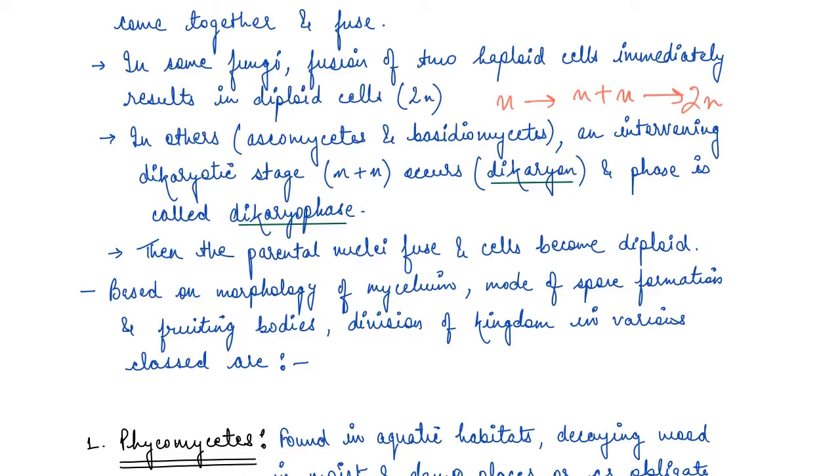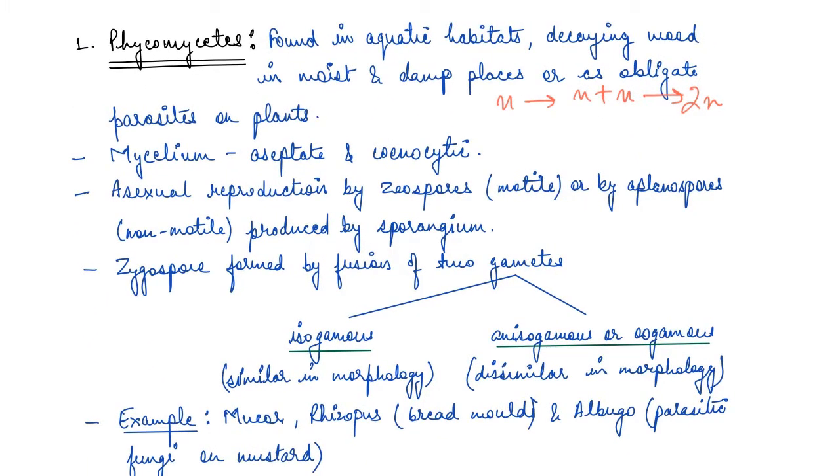Now what are Phycomycetes? Phycomycetes are found in aquatic habitats, and they can be obligate parasites on plants. They also live in moist and damp places such as decaying wood.